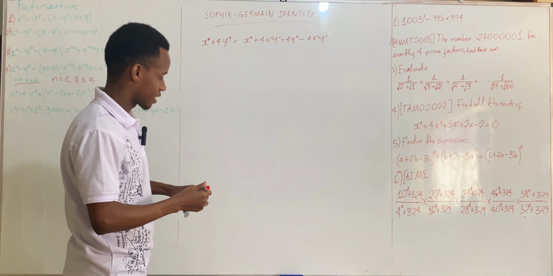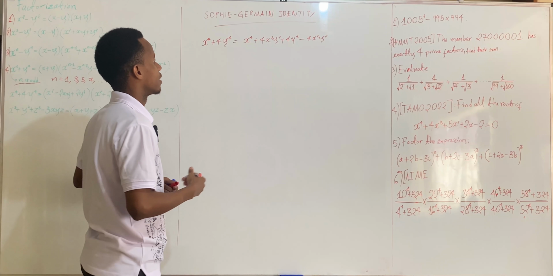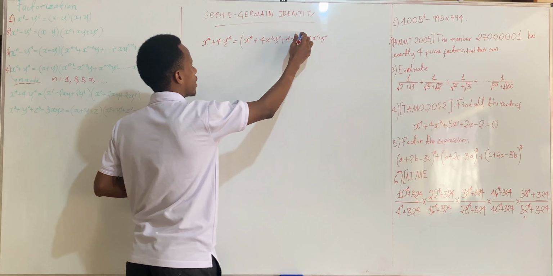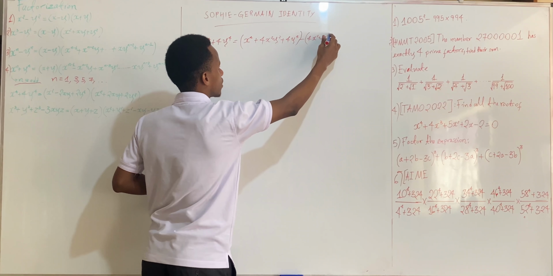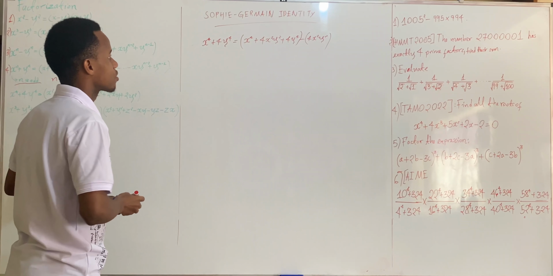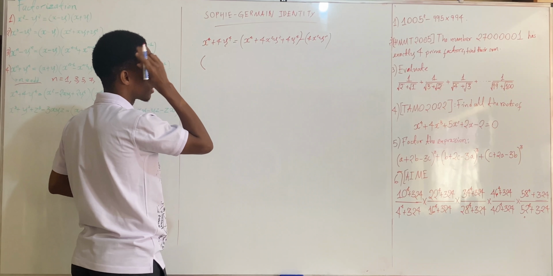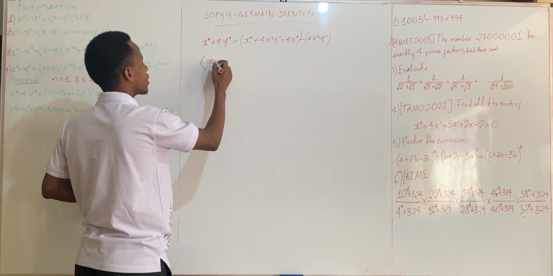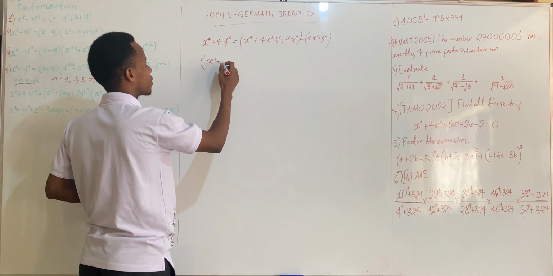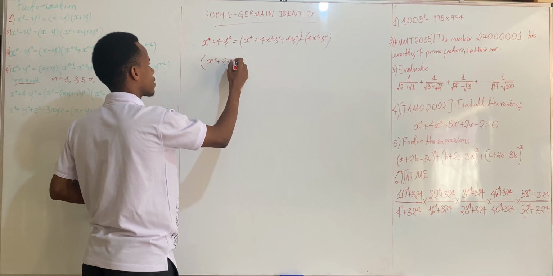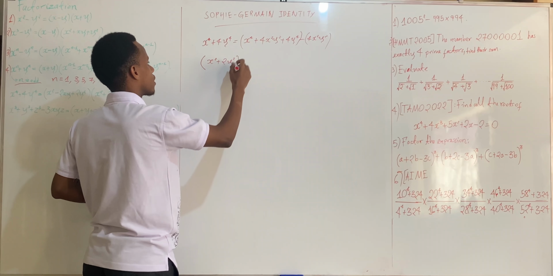So this is valid. And then I will try to separate them. I will consider this factor separately from the last one. So for this factor, actually this is a square of x squared plus 2y squared, like that.